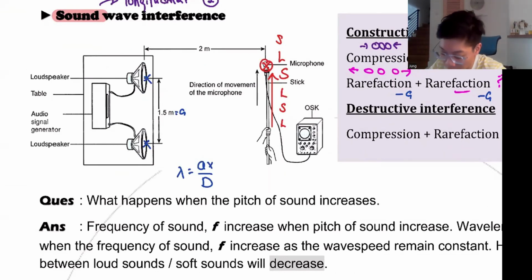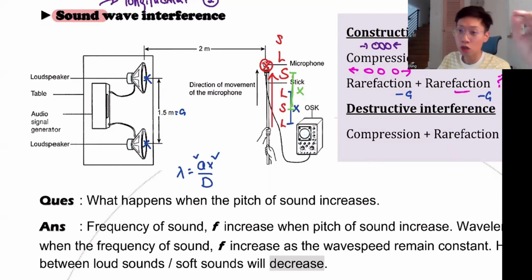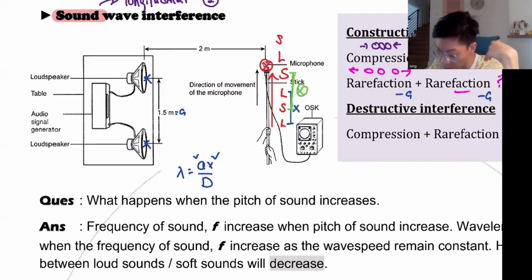Okay, then what about my X value? X value is the distance from the loud sound to the next consecutive loud sound, or the distance from your soft sound to your soft sound is also X. So it's either from loud to loud or from soft to soft, which then you will get the X value.